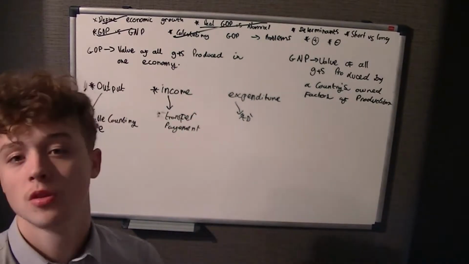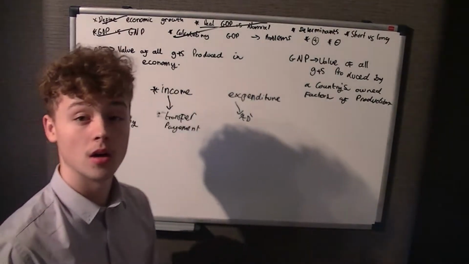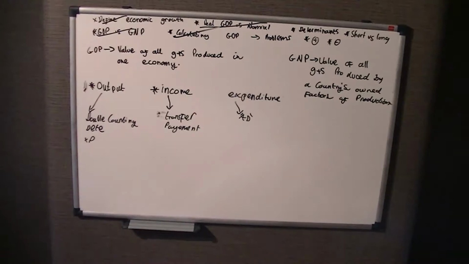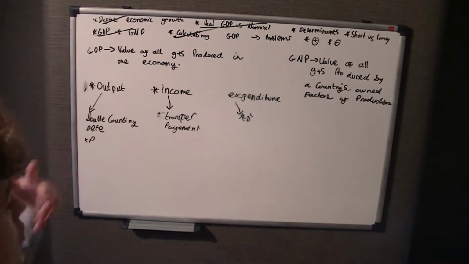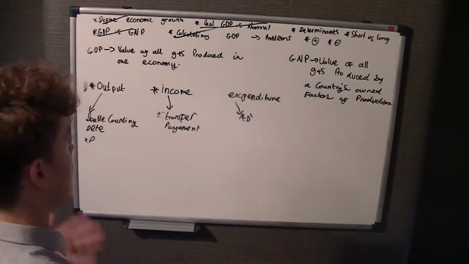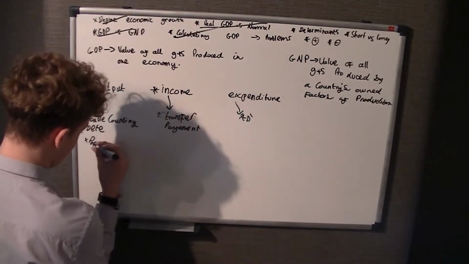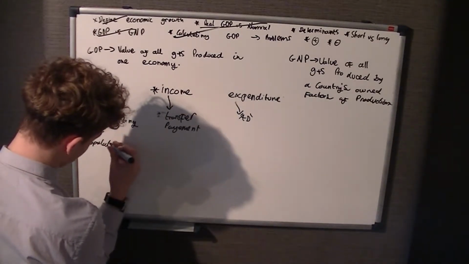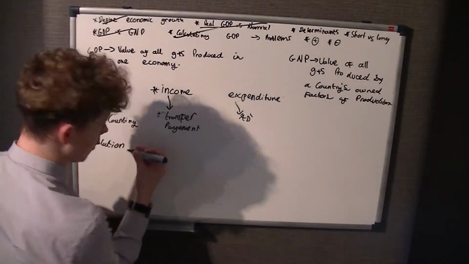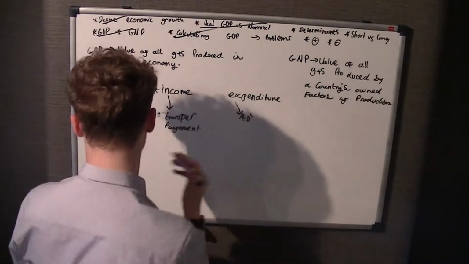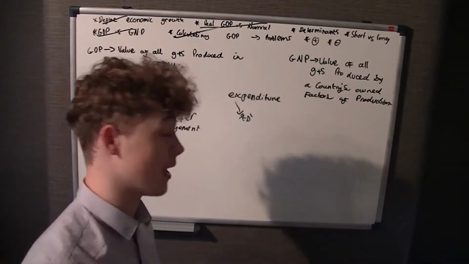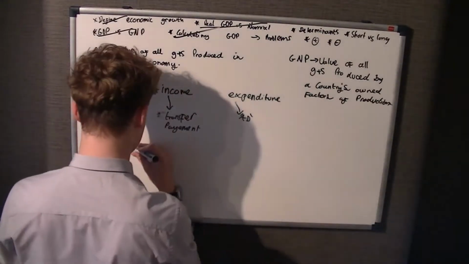Oh yeah, problems. So the problems in calculating economic growth: the population size. So I just put population. So we've got the disadvantage, more or less, of population size.